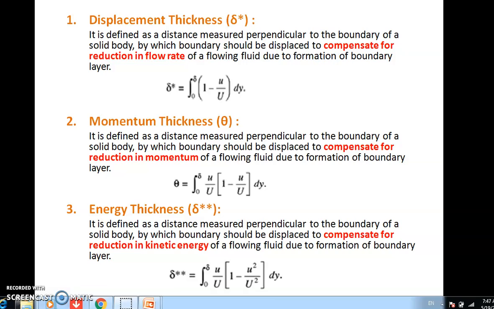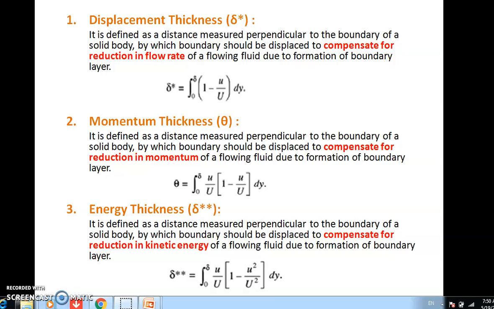Now again, by balancing the momentum equation, that is Newton's second law of motion, theta is equal to the integration from 0 to delta of small u upon capital U into 1 minus small u by capital U into dy. This formula also we have to remember.